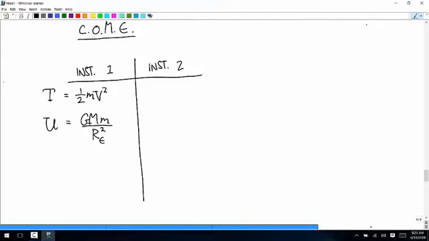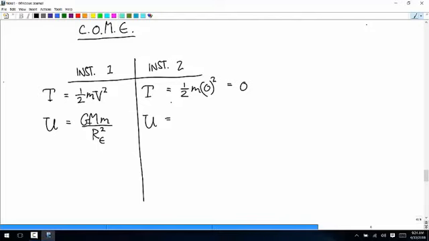And at instant 2, we're talking about the highest point this thing gets to before it starts to come back. So what's the speed at that instant? 0, yep. So kinetic energy is 1/2 mass times 0 squared, so 0. And the potential is a function of the distance r, like how far away you are.